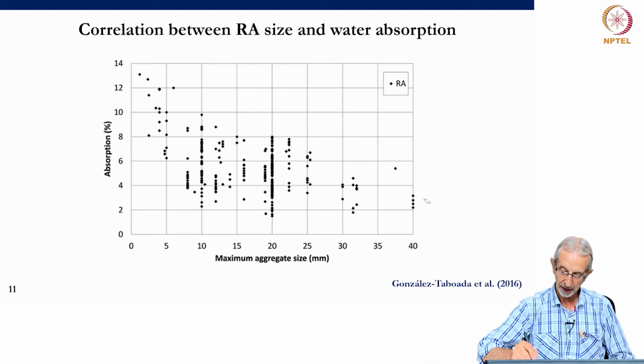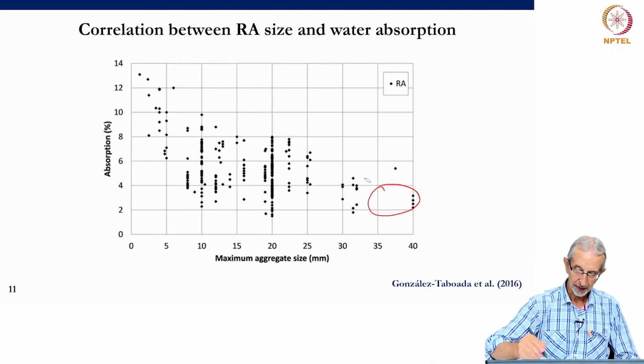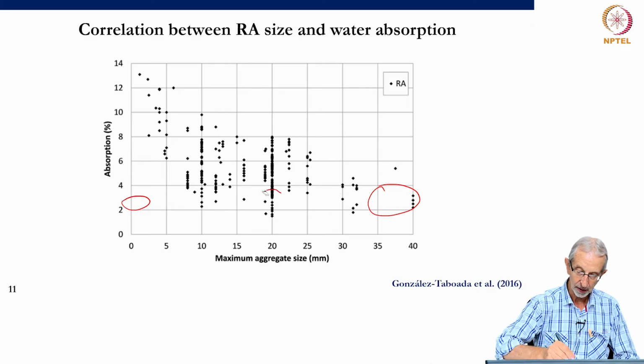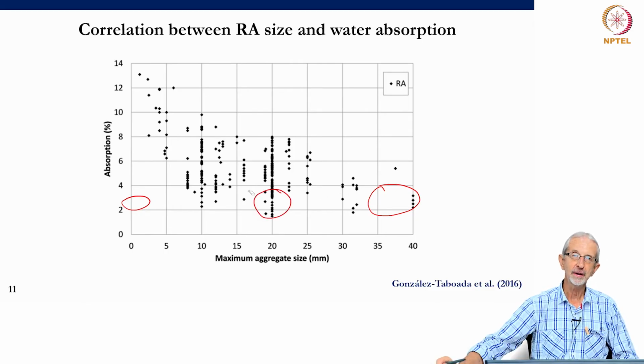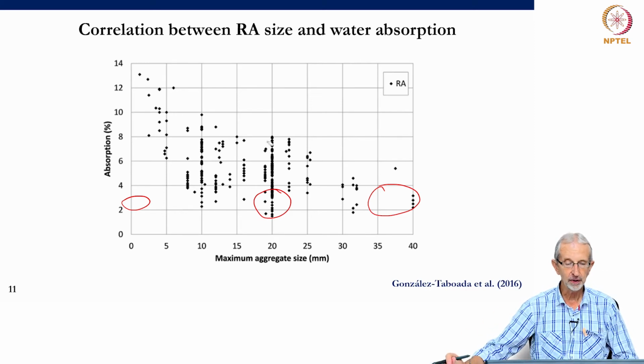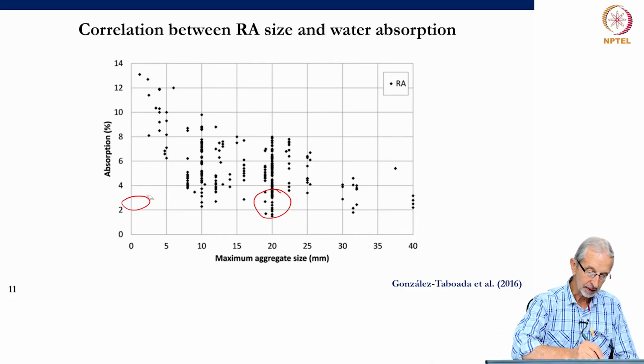So up here, at about a 35 to 40 aggregate size, you can expect this low water absorption, and that generally carries right through even to the 19 or 20 millimeter aggregate over here, although there are some higher values. And in general, as the maximum aggregate size reduces, so the water absorption increases, and that is to be expected.